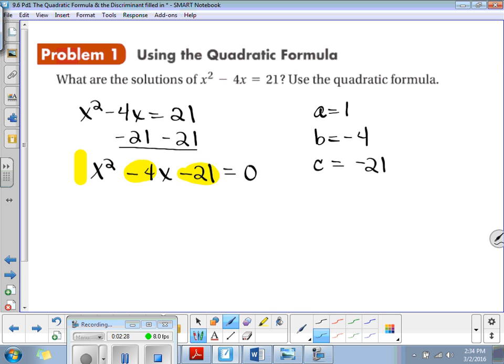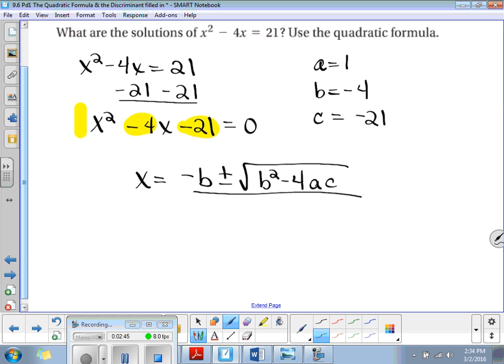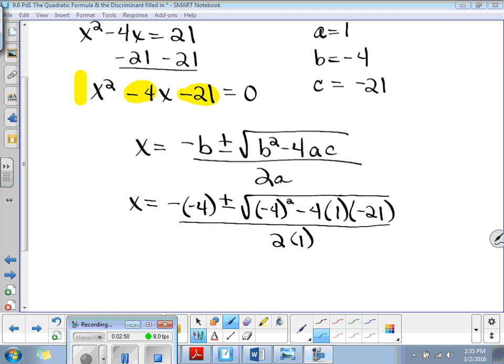And now all we do is substitute into our formula. x equals negative b plus or minus the square root of b squared minus 4ac all over 2a. So there's your substitution. We have negative negative 4 plus or minus the square root of negative 4 squared minus 4 times 1 times negative 21, all divided by 2 times 1.